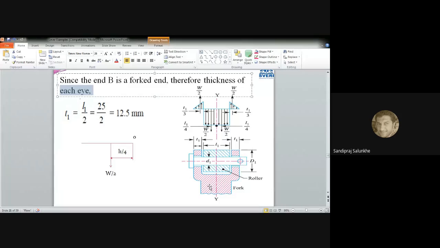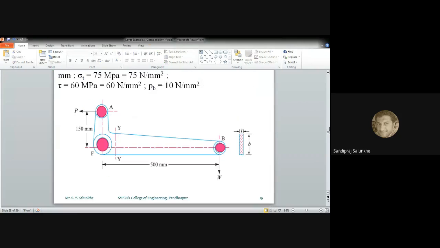That same sort of fork we can design at the fulcrum as well as at point A, where the effort is applied. At point A, the same sort of fork will be there. At point F, the same sort of fulcrum will be there. And at point B also, the same sort of fulcrum will be there.